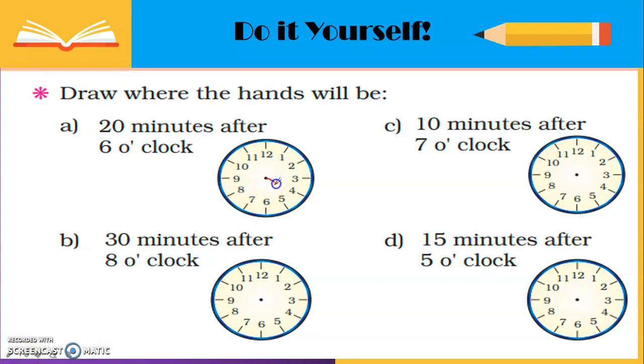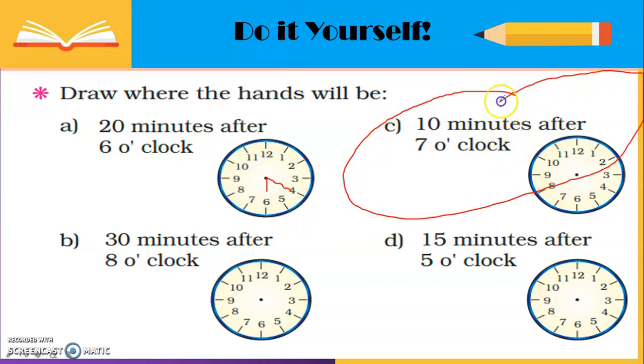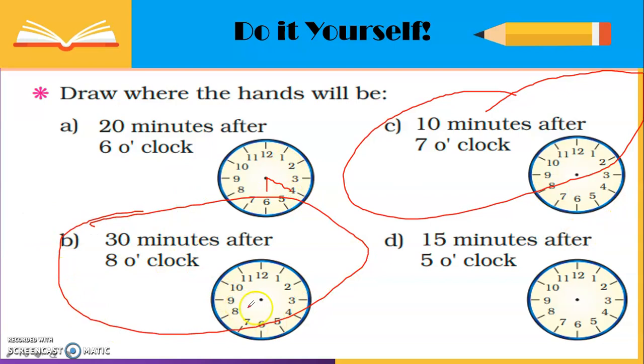So 20 and 6. This is the correct representation. Can you do this? 10 minutes after 7 o'clock means 7:10. 30 minutes after 8 o'clock means 8:30 and 15 minutes after 5 o'clock means 5:15.